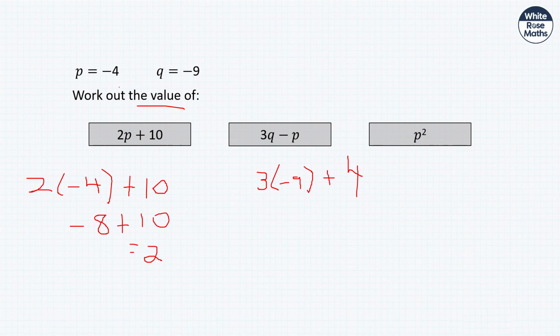If p is equal to minus 4, then negative p is equal to positive 4, by definition, because you're subtracting minus 4. So that'd be minus 27 plus 4, now equal to minus 23, guys.